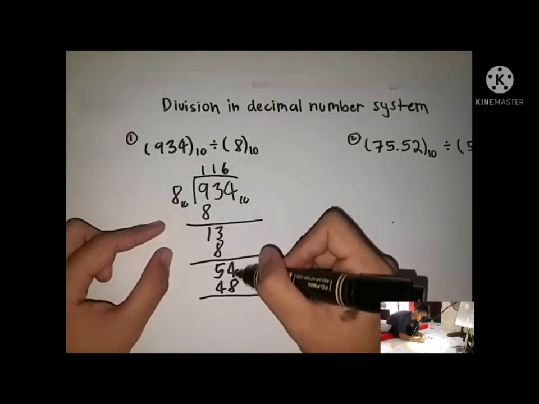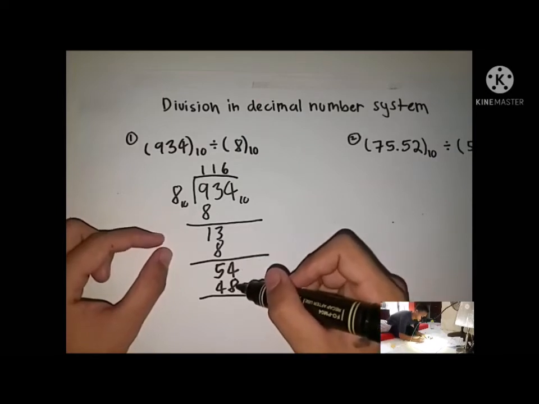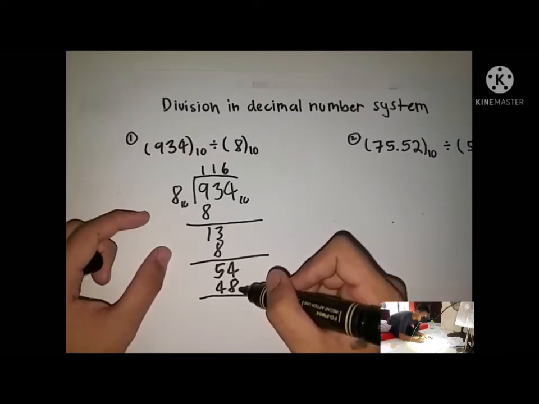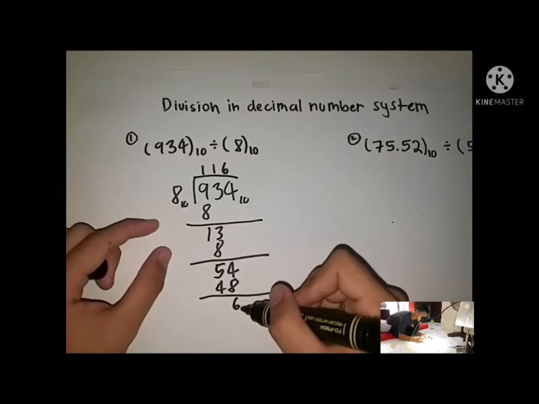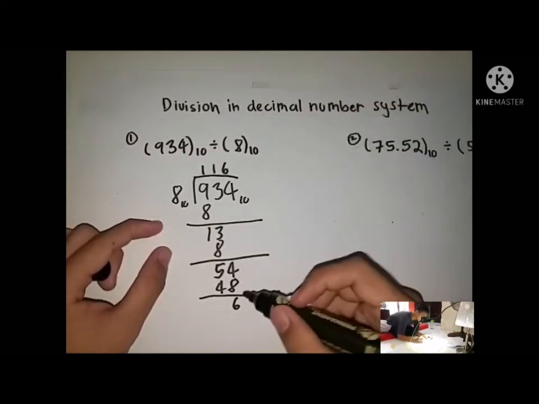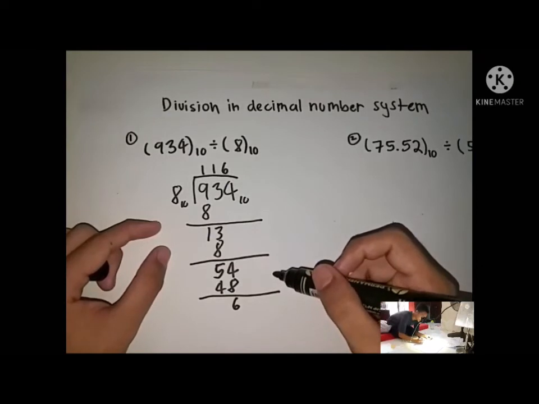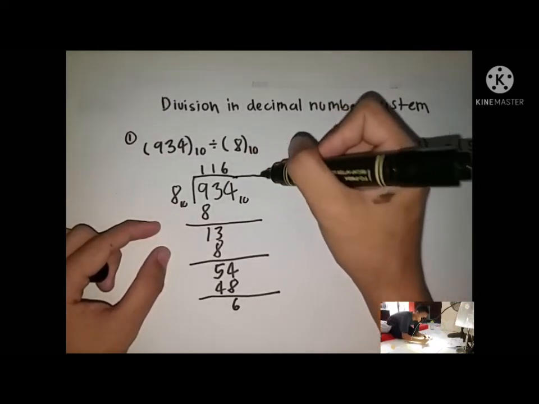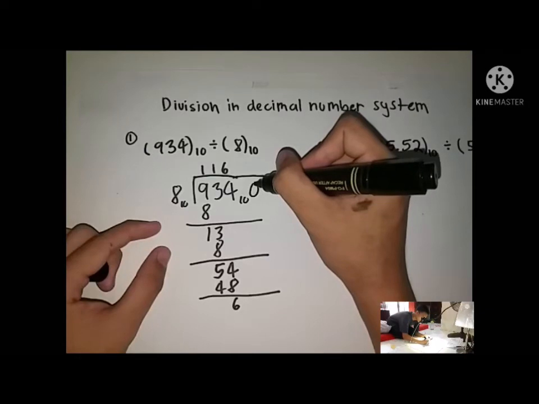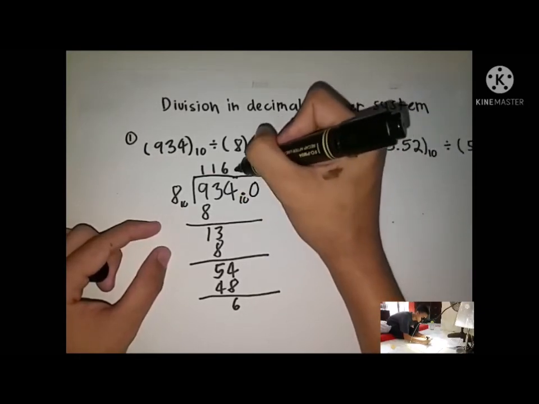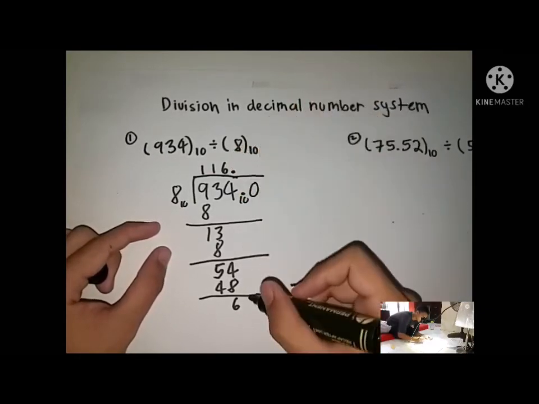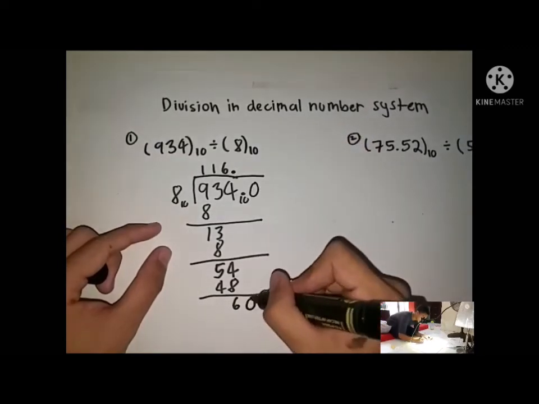So subtract these two numbers, 54 minus the 48, it gives us a 6. So the dividend is greater than the divisor. So we must put 0 here, then point here, and also to the quotient. So bring down the 0.